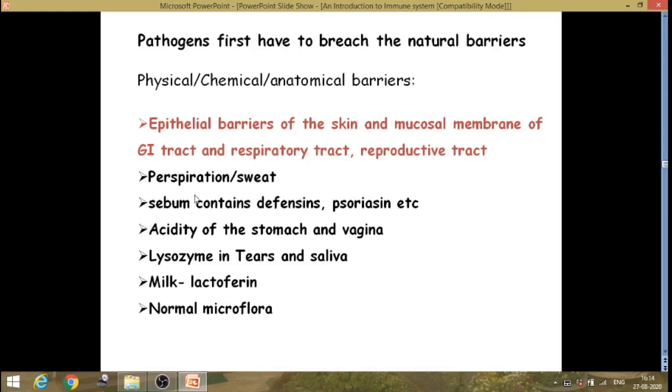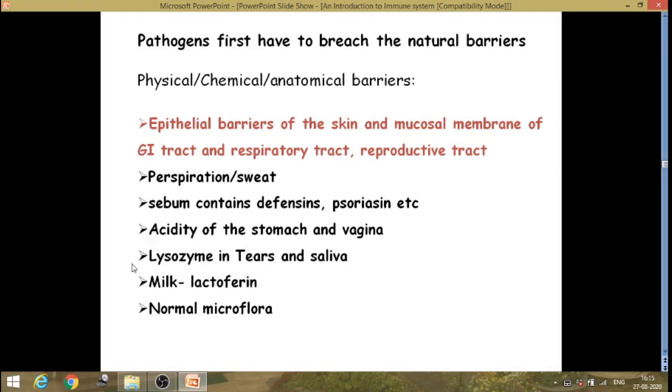These antimicrobial compounds give us protection against foreign pathogens. Apart from that, the perspiration, the sweat that we have, also contains antimicrobial compounds and thus gives us protection. Other than that, the acidity of the stomach and vagina also gives protection against foreign pathogens that try to enter through the stomach and the vaginal route.